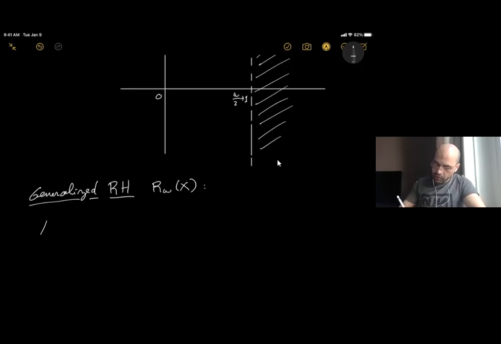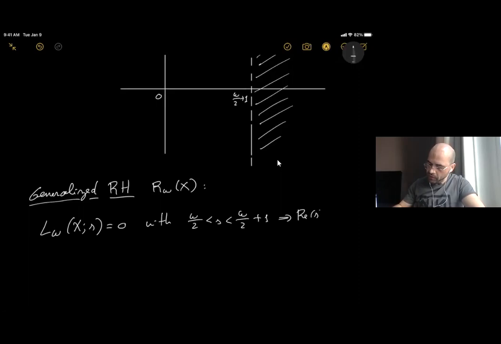So it says the following. If you have a zero of this function, and this zero is in the critical strip, in other words, if it's here, then that implies that the real part of that zero needs to be here.